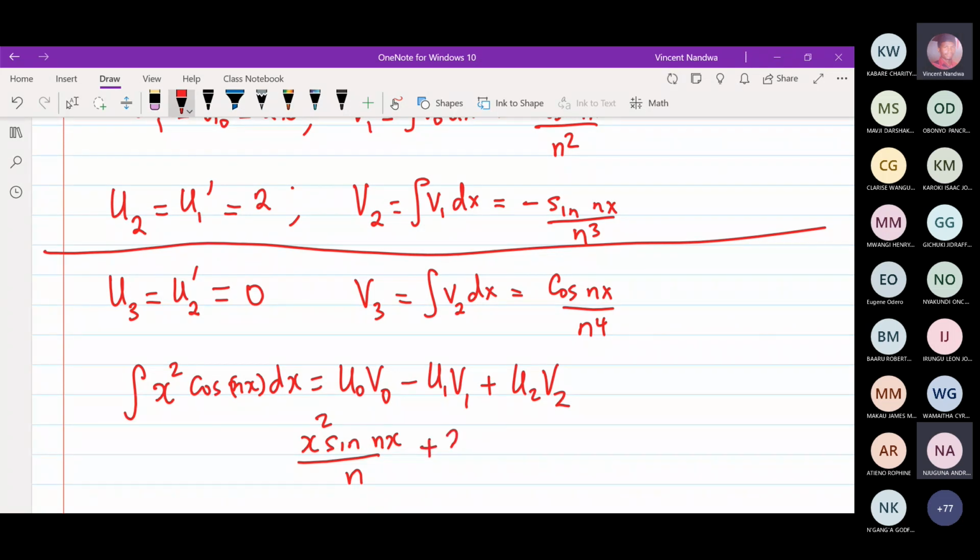So plus 2x cosine of nx over n squared. u2 v2 is negative twice sine of nx divided by n power 3.